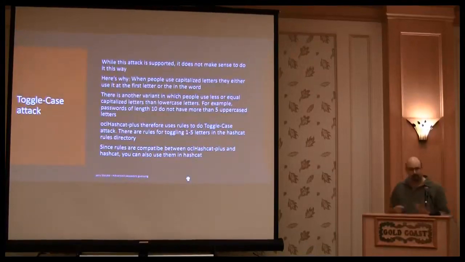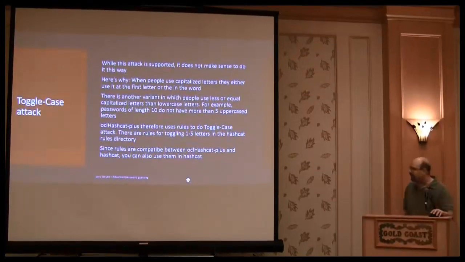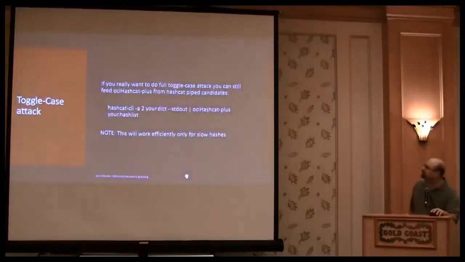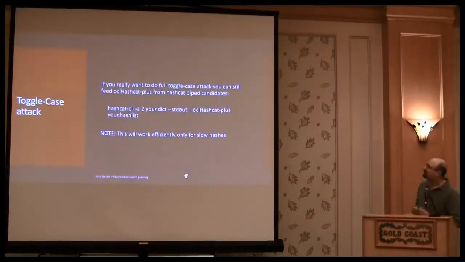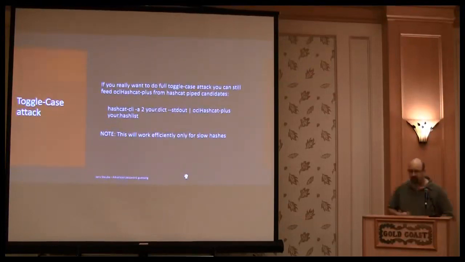And with fewer tries, you have a faster attack. Okay, the toggle case is not part of OCL Hashcat, because you can simply pipe from Hashcat to OCL Hashcat. Very simple.